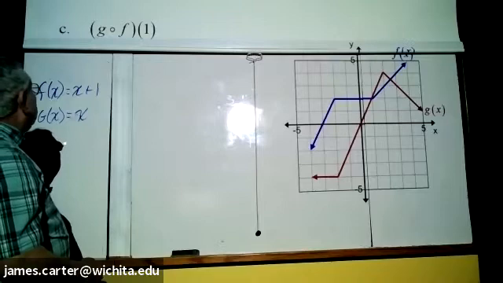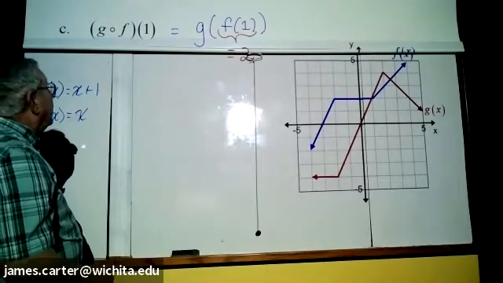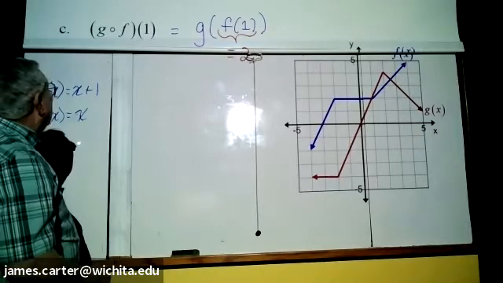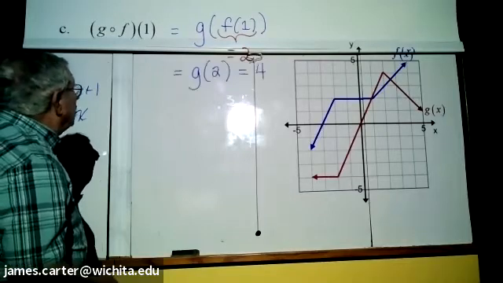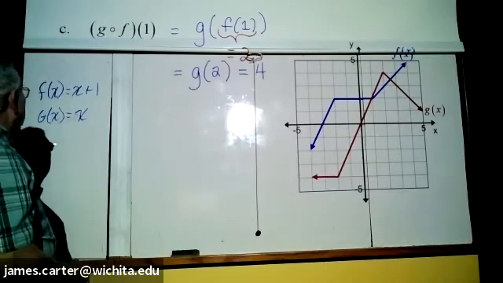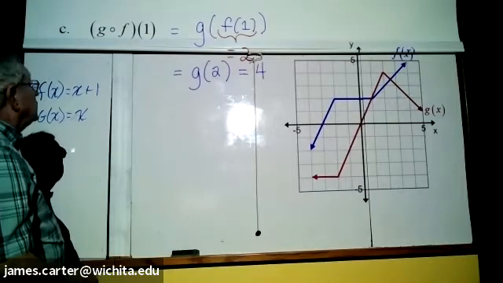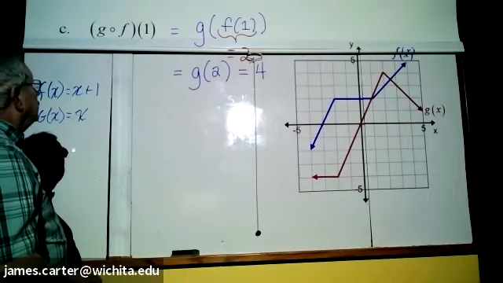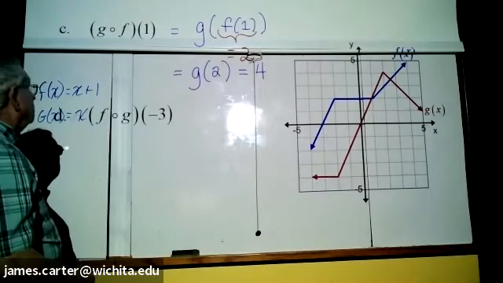Okay, now compose. Okay, you substitute 1 into the f equation, and it says you get 2. And then you substitute that 2 into the g equation, and you get 4.